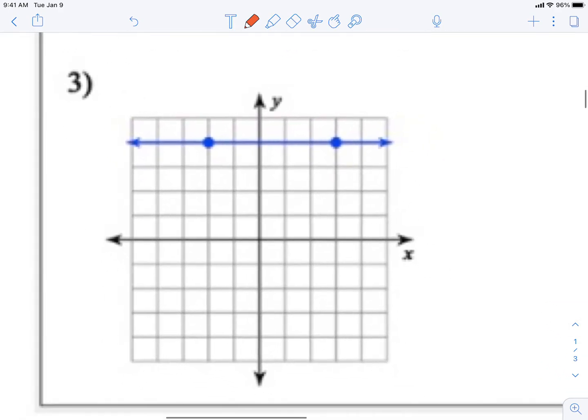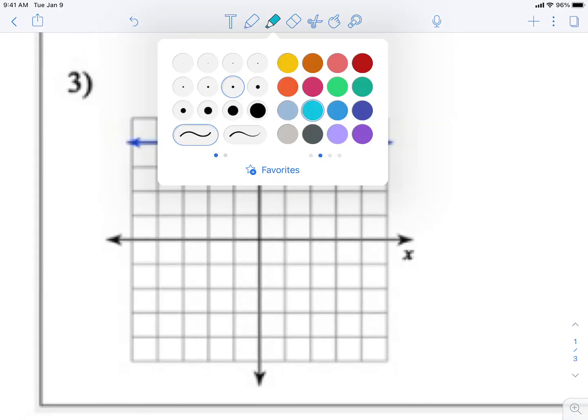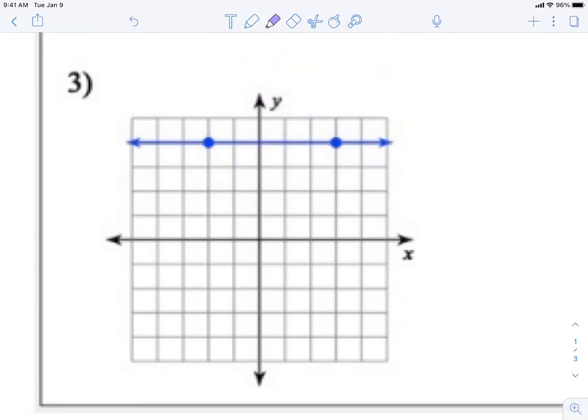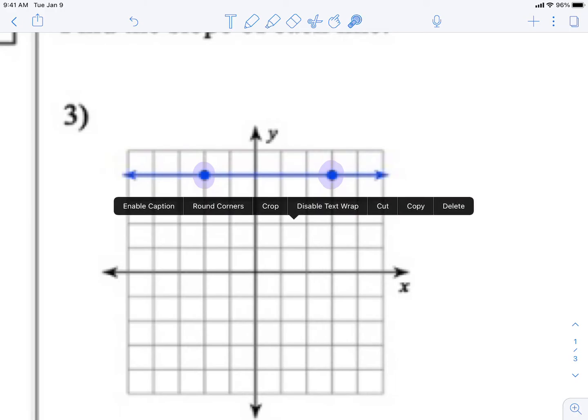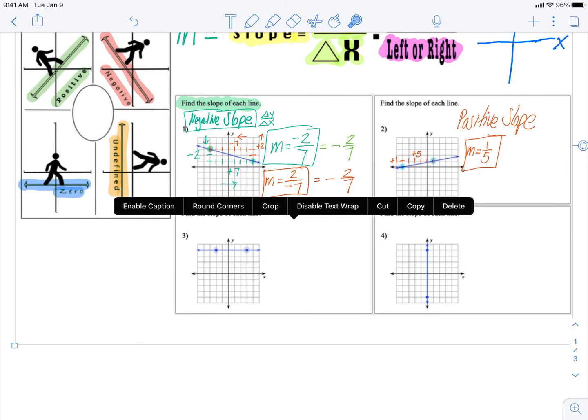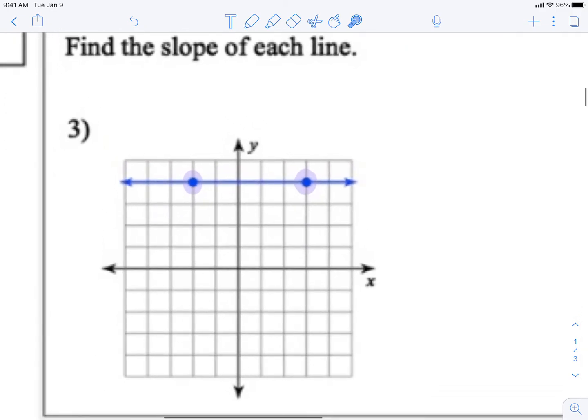All right, let's move on to this one. Let me change colors again here. So I'm going to go from that point to that point right there. So I want to go from left to right.